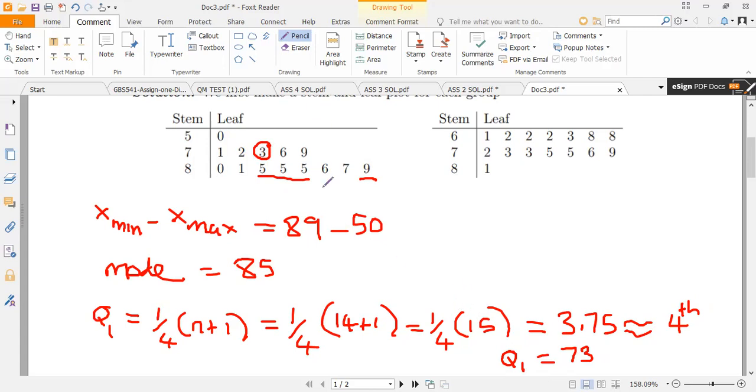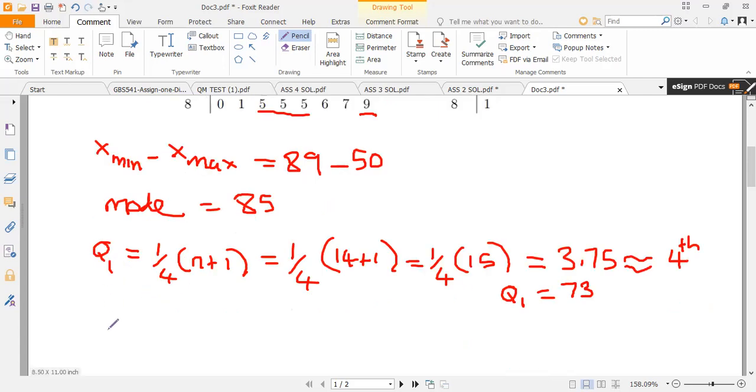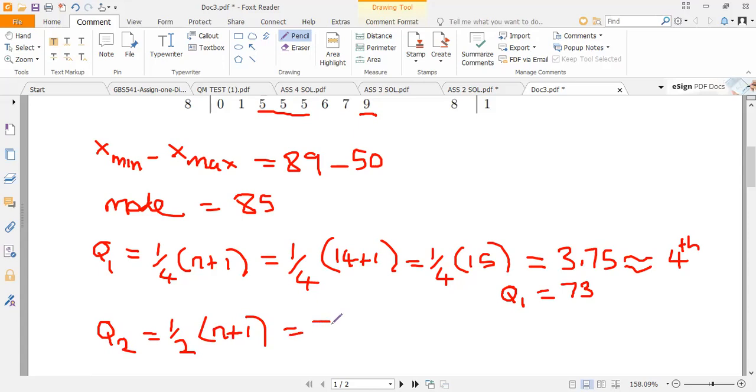So we have 3 quartiles. We have what we call the lower quartile. We have what we call the second quartile, which is also the median. This is half of n plus 1. So 14 plus 1 is 15. Half of 15 is 7.5. Whenever you get a 0.5, you get that number and the following number, you divide by 2. So this means the 7th number plus the 8th number, you divide by 2.